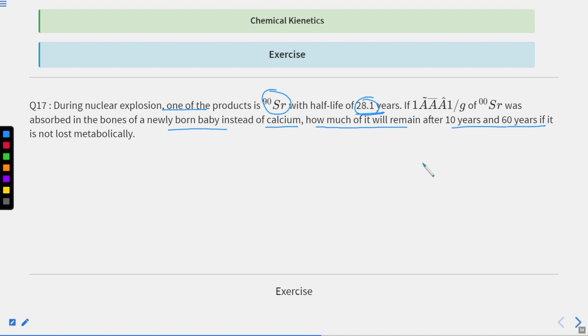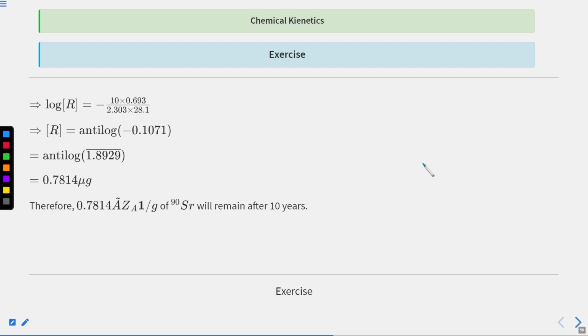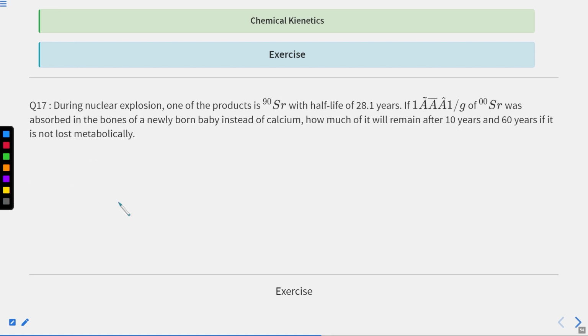It has also been mentioned that it is absorbed in a newly born baby, instead of calcium. Now question number 17.